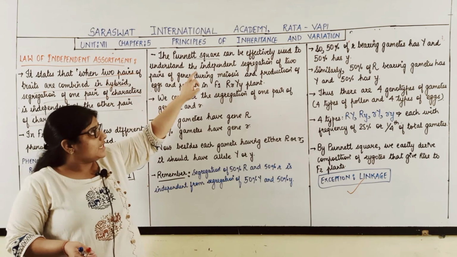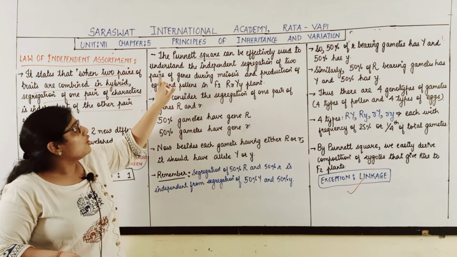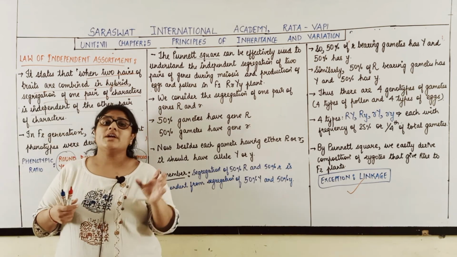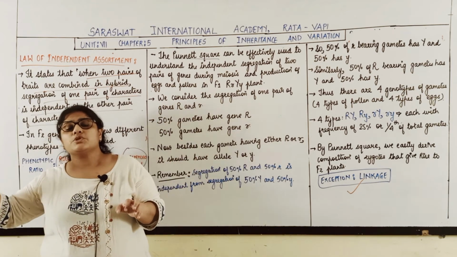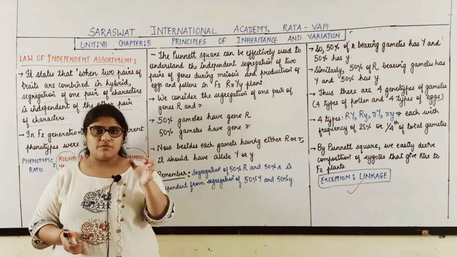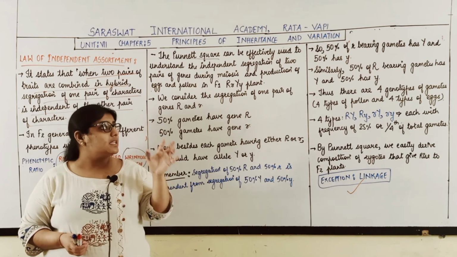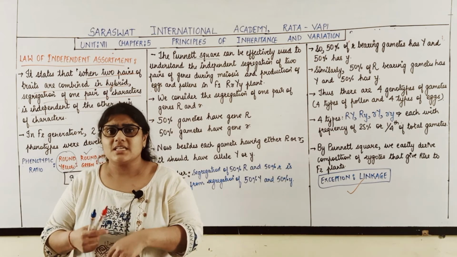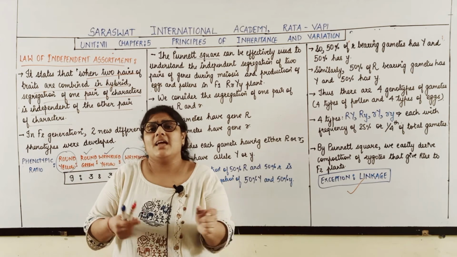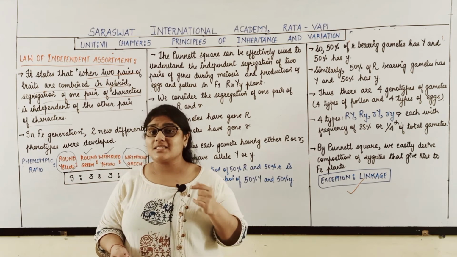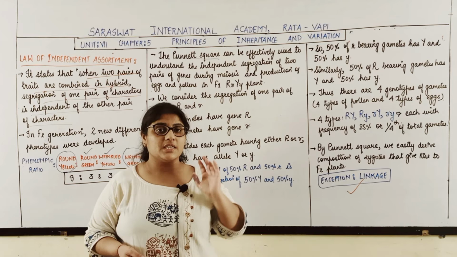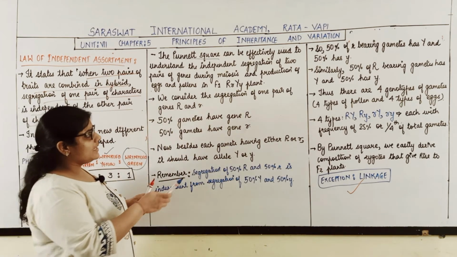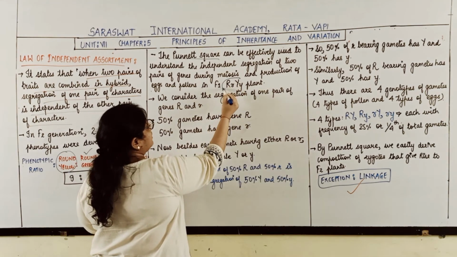If we want to study the segregation of two pairs of genes during meiosis and what types of eggs and pollens are produced, this can be easily studied using the Punnett square.